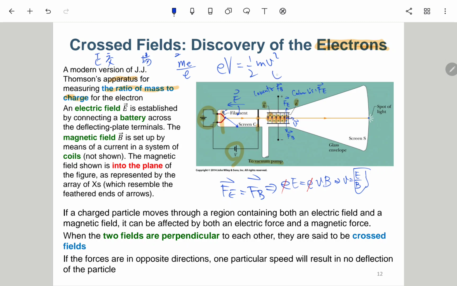So we can get the value of v here. And then we plug in V equals E over B so that we can know the relationships, and how to adjust all these parameters so that the electron goes in a straight line.